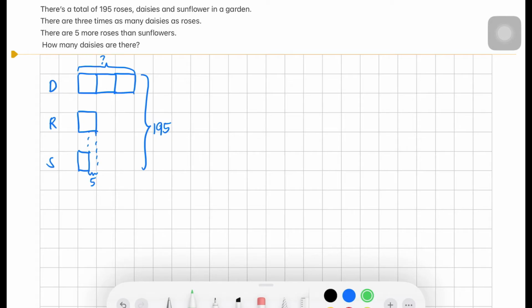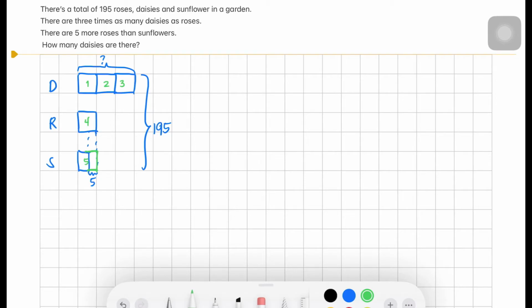So for us to have equal number of units, we have to complete this unit by adding that 5. So after I add that 5, how many units do I have? So there's 3 for the daisies, 1 for the rose, and of course 1 for the sunflower because we completed that unit. So I have 1, 2, 3, 4, 5 units in total.